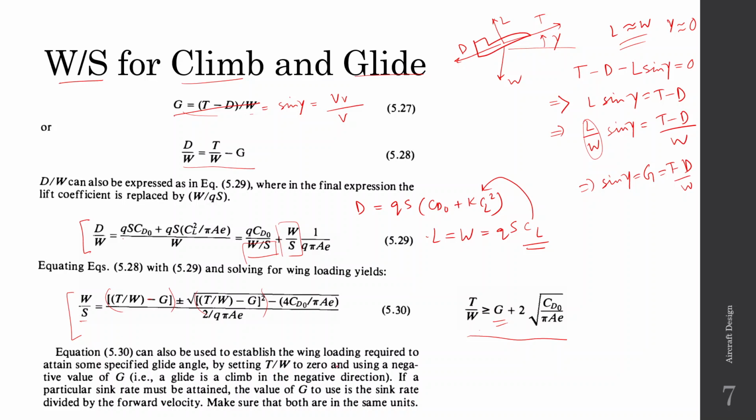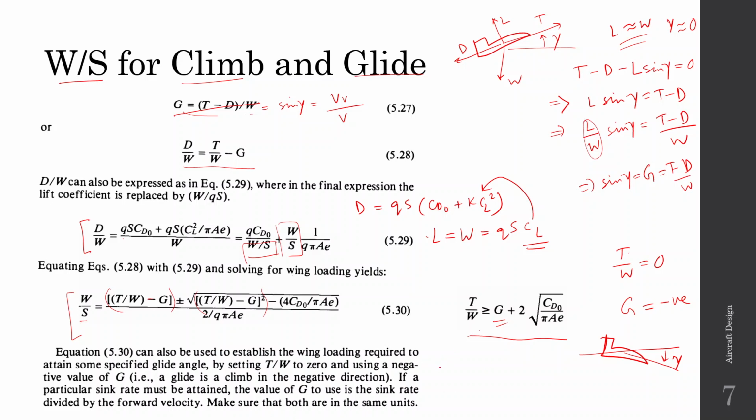So to find the wing loading at gliding, what we do is we substitute T by W equal to 0, and we set G equal to some negative number. It has to be a negative quantity because you know that when you're gliding, gamma is negative, right? So when you do that, you can also find the wing loading for gliding.